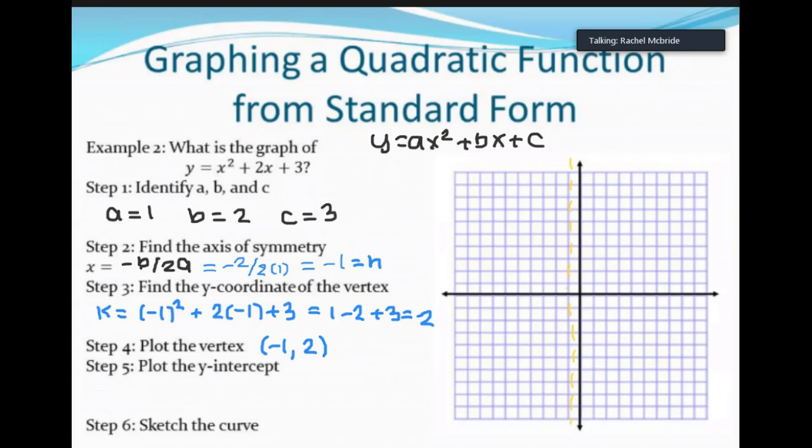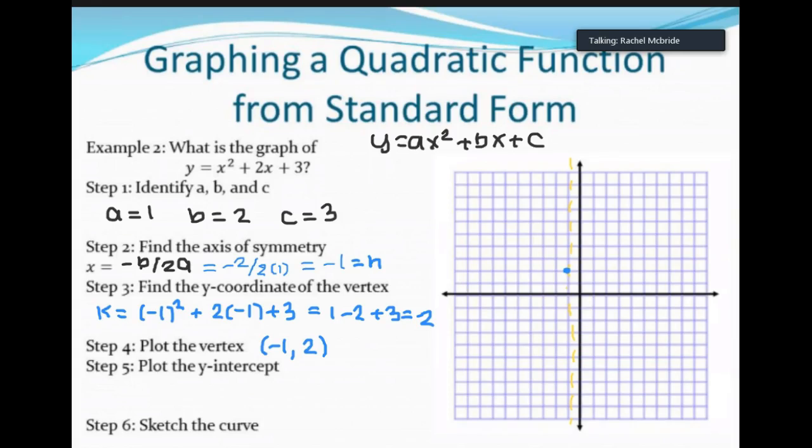Once you have your vertex, graphing a quadratic is super easy. This is why we graph from vertex form before standard form, because standard form takes a little bit more effort. You can't just simply look at the equation and know what to do. You have to apply some of those points. So it's negative 1, positive 2.